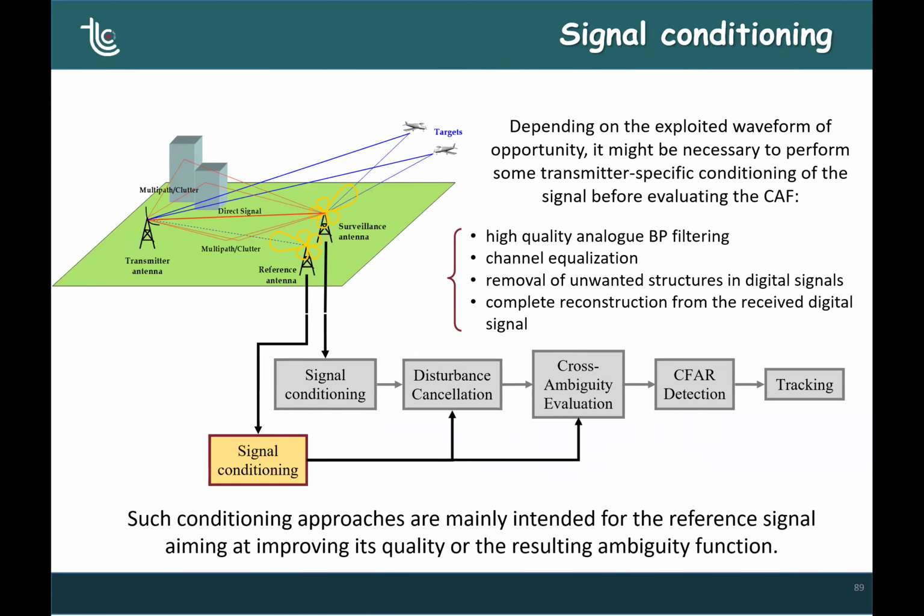Now let's go to the other block, that is the signal conditioning. Why the signal conditioning, and what is it? The signal conditioning generally is a channel equalization, removal of unwanted structure in digital signals, or complete reconstruction from the received digital signal.